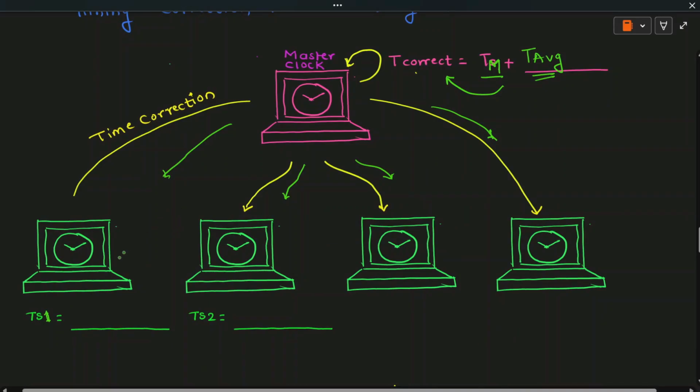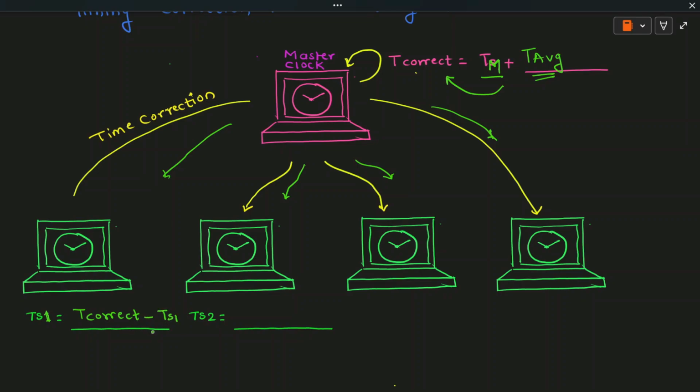So TS1, the time of slave 1, will be the T correct time received from the master minus the current TS1. When we subtract the value of TS1 from the T correct time received from the master, that gives us the new TS1, the corrected time of the slave.